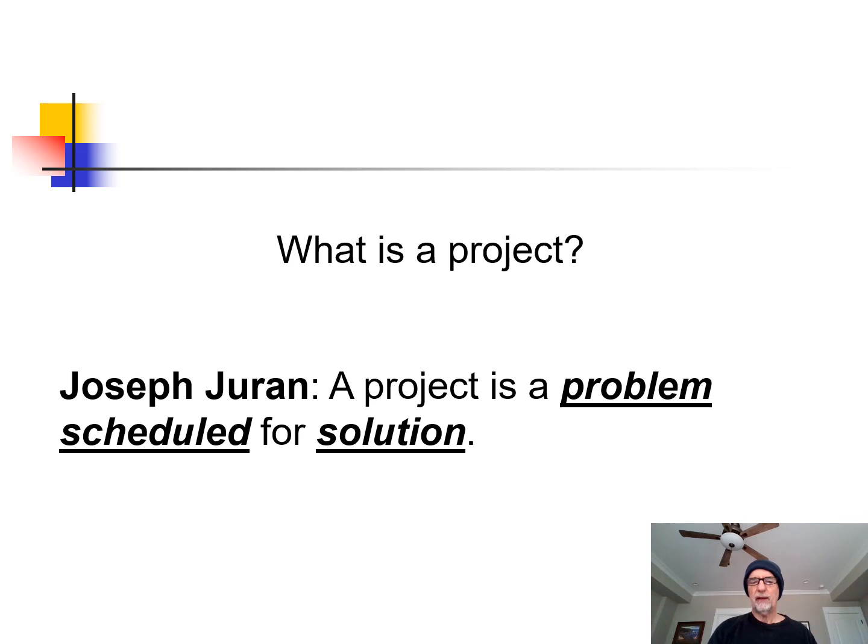So it could be customer, it could be top management, it could be the project management team, or even society. And the fact that it's scheduled means that it's orderly, it has a time element to it, the project tasks are sequenced. So this is a really good basic definition of a project. And of course, we could find something much more elaborate.